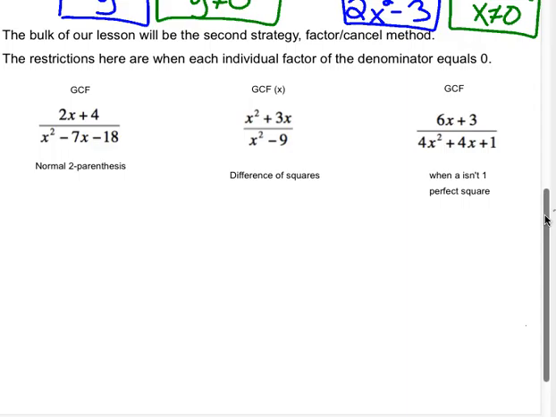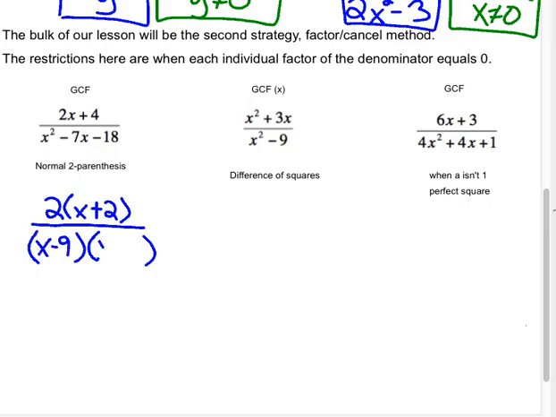I can pull a 4 out of both of them. On the bottom, that is just a normal quadratic trinomial, so that is my 2 parenthesis factoring. Multiplies to -18, adds to -7. So that's going to be x minus 9, x plus 2.